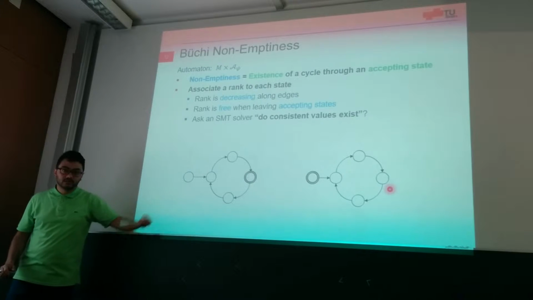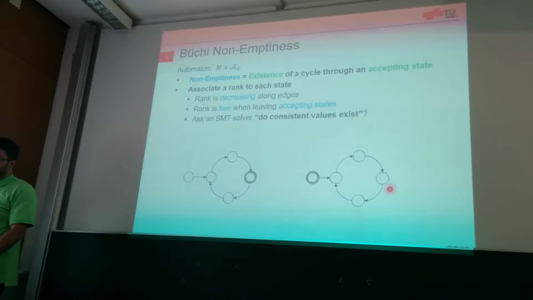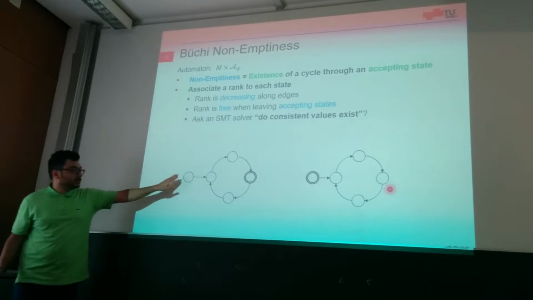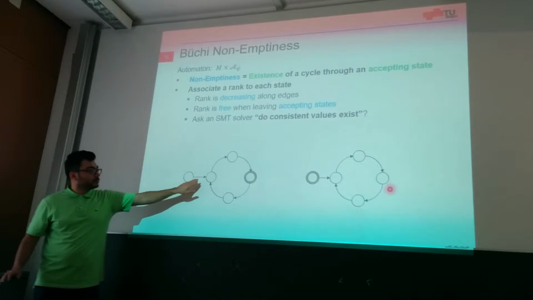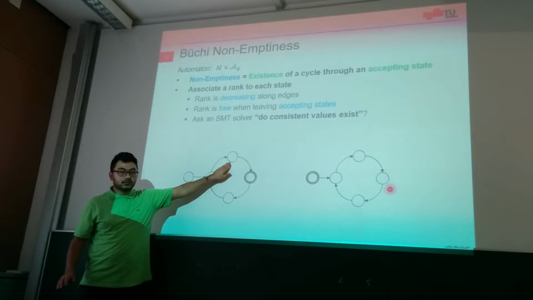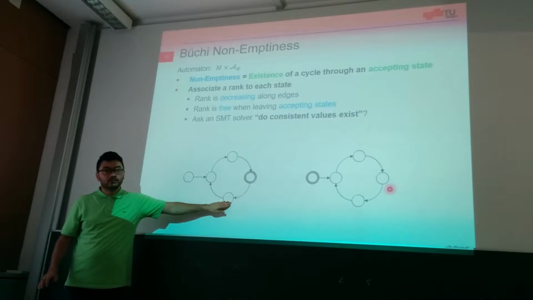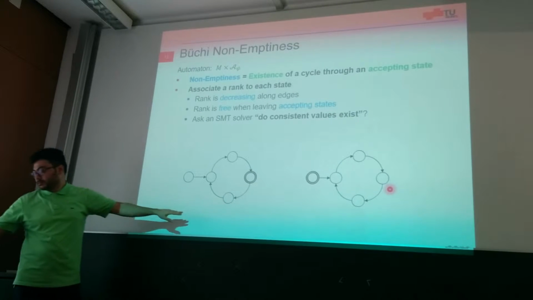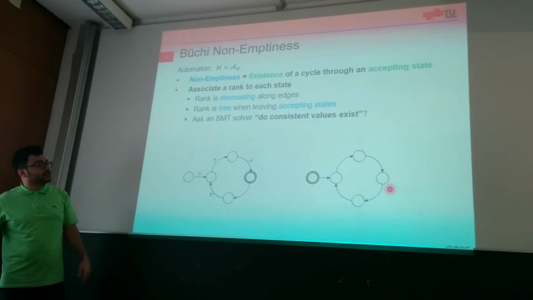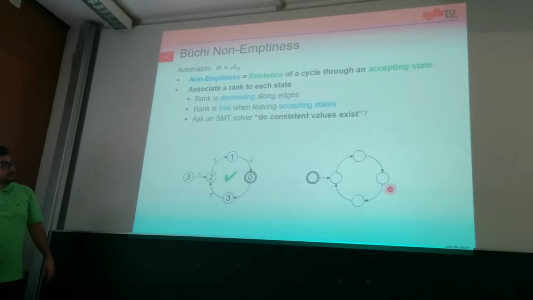Rank this automaton. 0, -1. This one is 0, -1, -2. -500. This one, 0 again. Yeah. Okay? Apply the constraints and as simple as this.